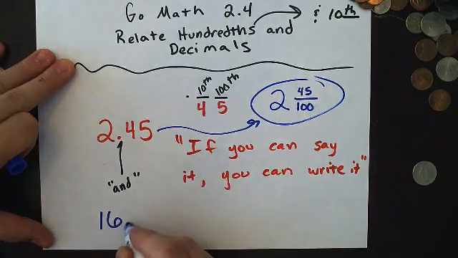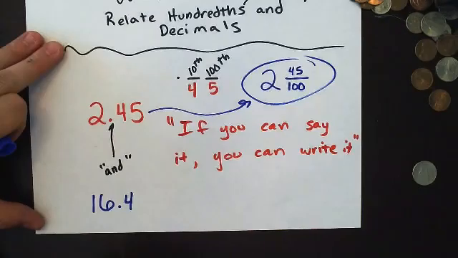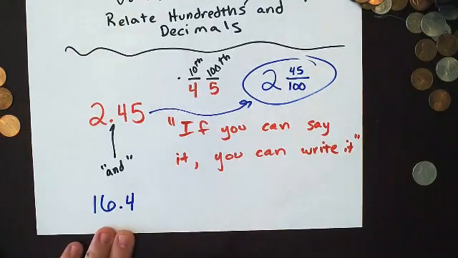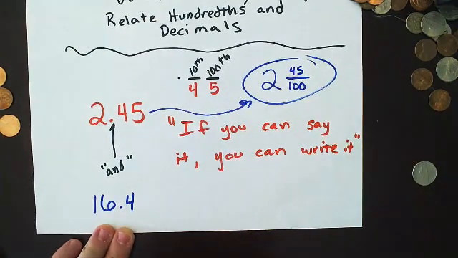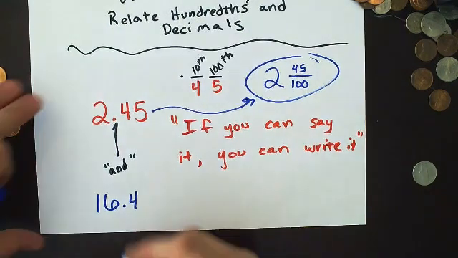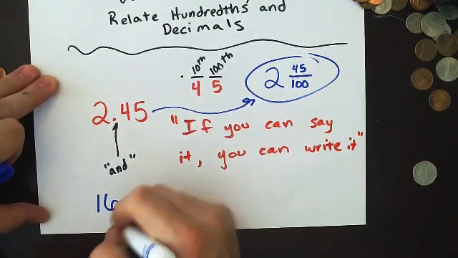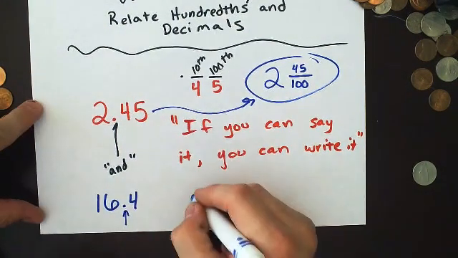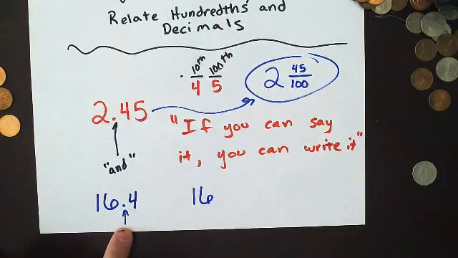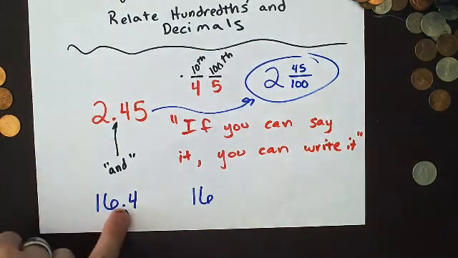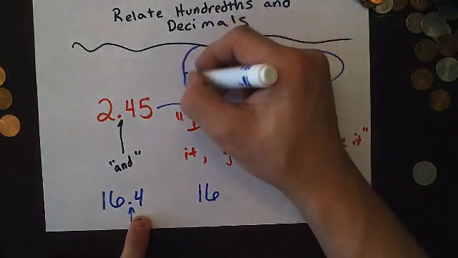Now, if I had a number like 16.4, that is an acceptable way of saying it, but it doesn't tell me the name of the fraction. So 16.4, we have to read this, and we're going to put this in fractional form. Once again, this is 16 and 4. Now look where this 4 is.